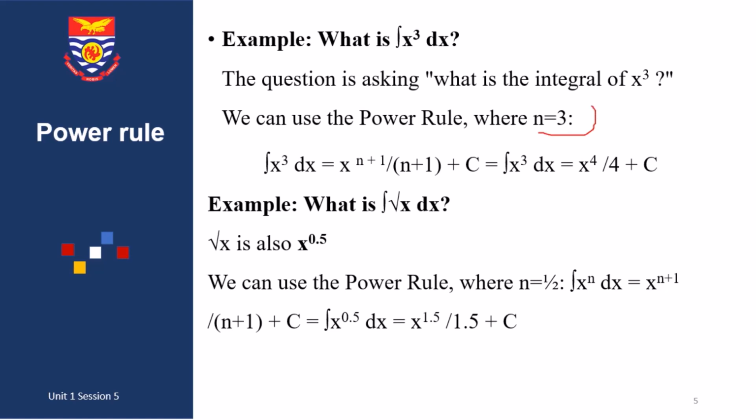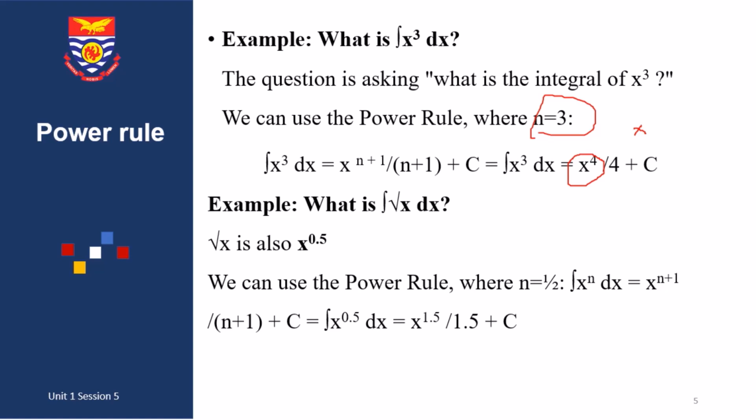And if n is equal to 3, then, like I said earlier on, anytime we are integrating using the power rule, then it becomes x to the power n plus 1, all divided by n plus 1, plus the constant. So in this case, n is equal to 3. Therefore, our final answer stands to be x to the power 4 divided by 4 plus c.